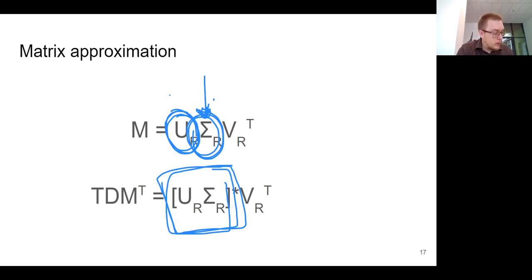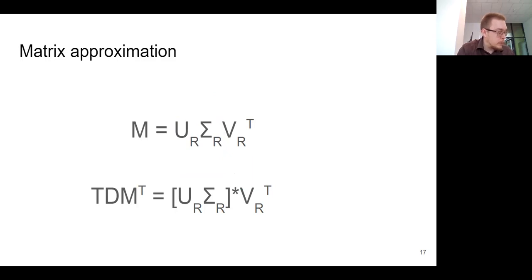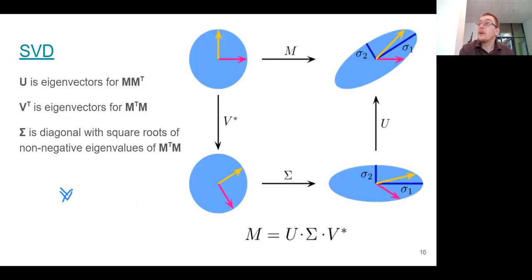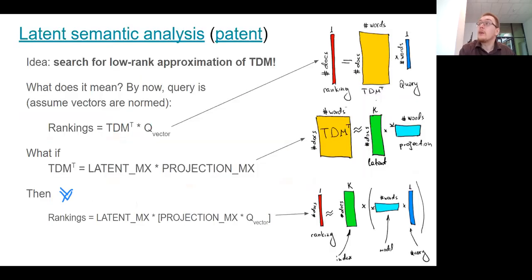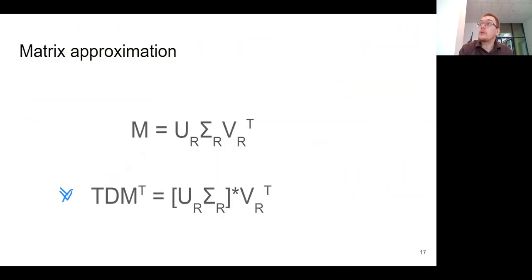So let's look at the dimensions. Our matrix TDM, TDM transposed, has a number of words and documents. I usually confuse them, so let's say here, documents and words.